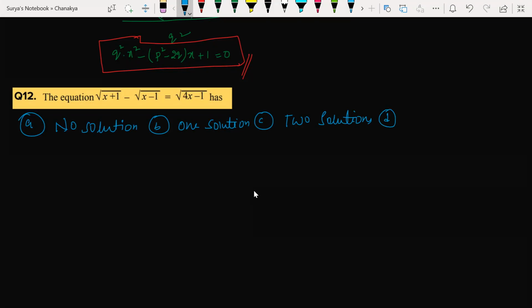Option D, more than two solutions. Understood? Try to solve it. Make it fast, guys.